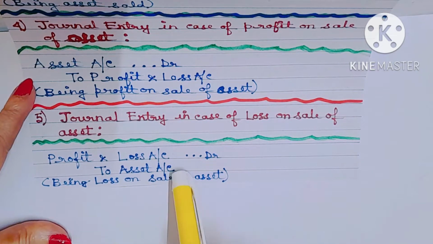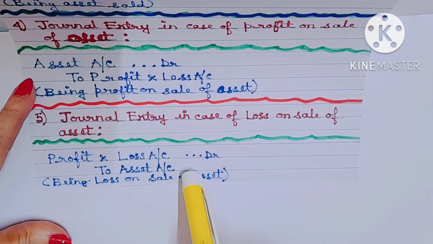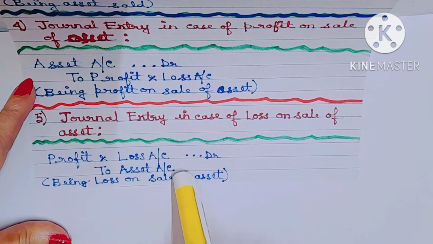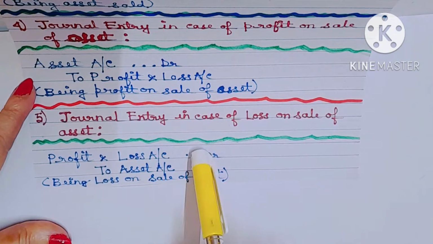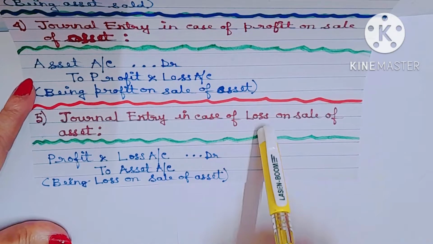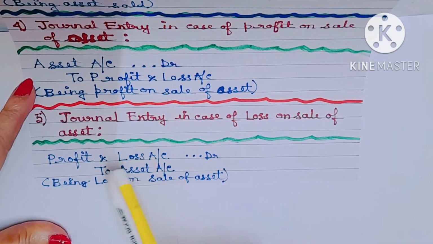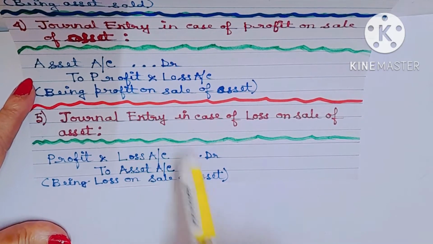If the asset is a furniture account, then the journal entry will be profit and loss account debit to furniture account. Suppose the asset account is machinery account, then the journal entry will be profit and loss account debit to machinery account. Only in case of loss on sale of asset, the journal entry will be profit and loss account to asset account. See, just the opposite.